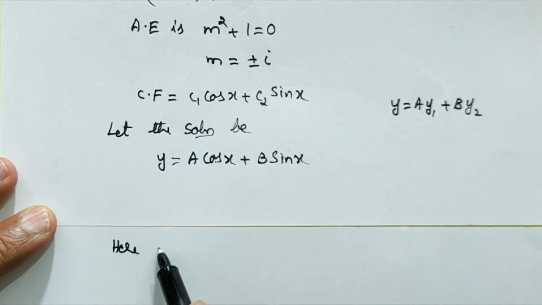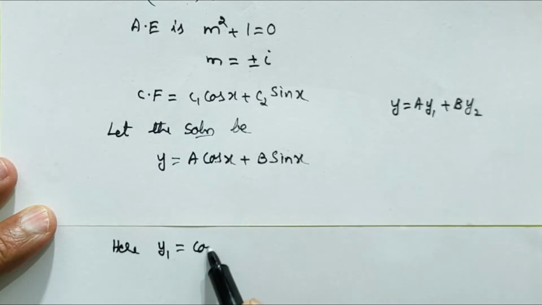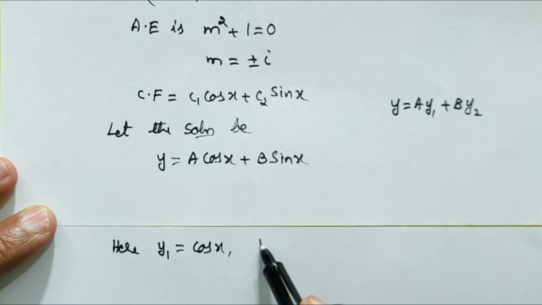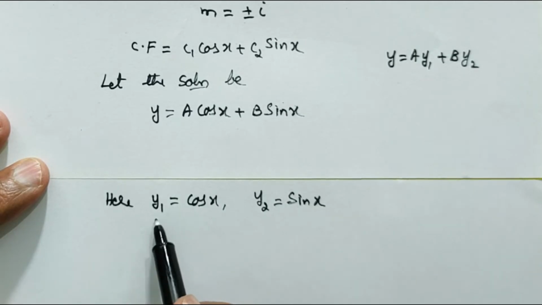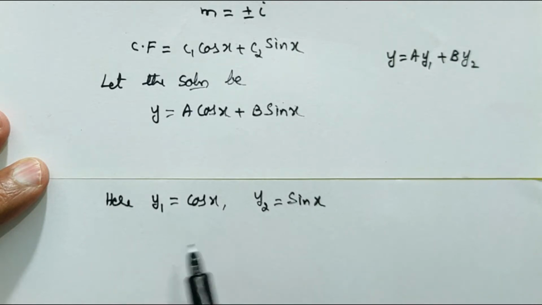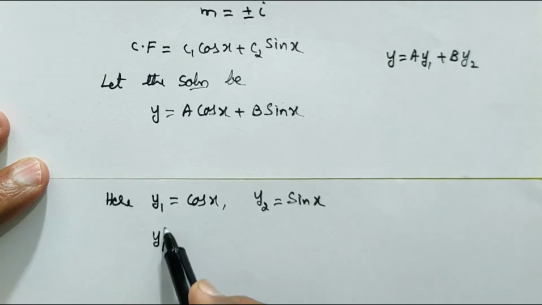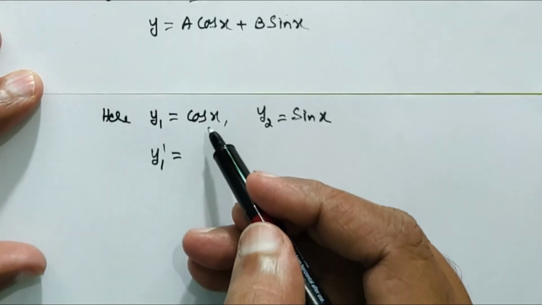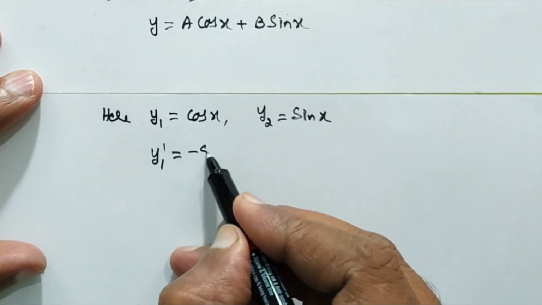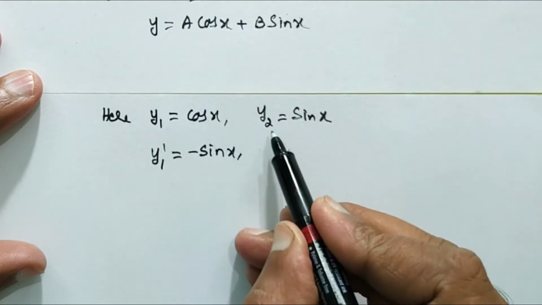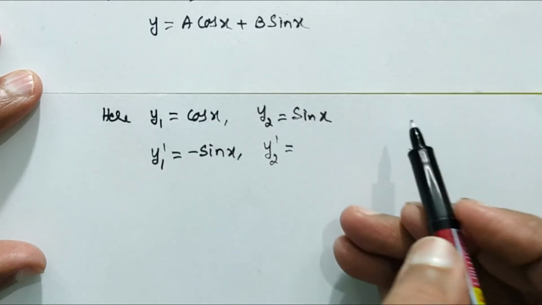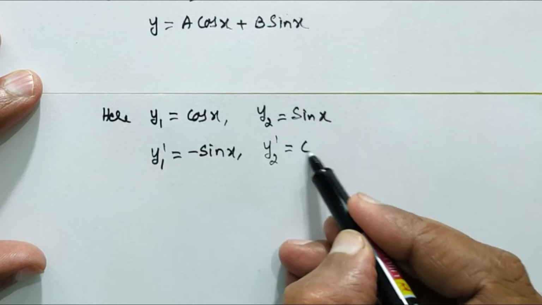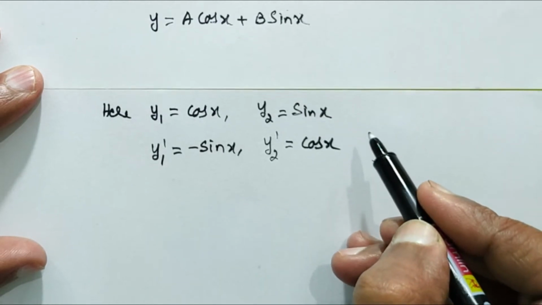We'll differentiate y1 and y2. Differentiation of cos of x gives y1 dash is equal to minus sin of x. Differentiation of sin of x gives y2 dash is equal to cos of x.